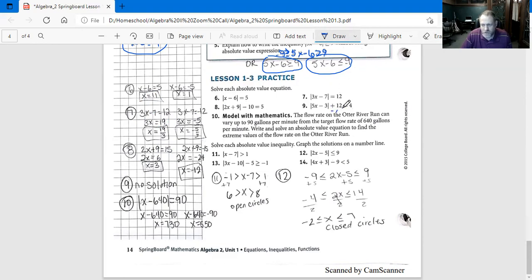Let's minus that 12, minus that 12, and then we're going to have 5x minus 3, cancel, equals negative 8. Okay. All right, and now we can take this out.